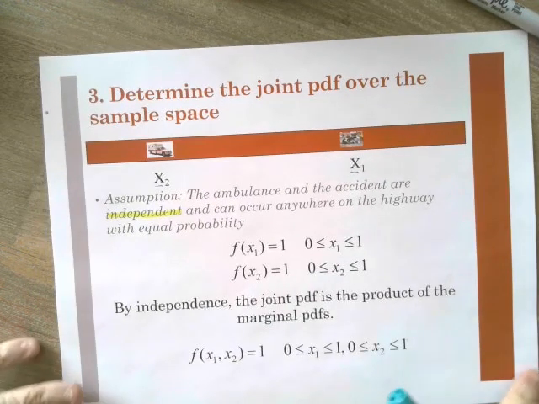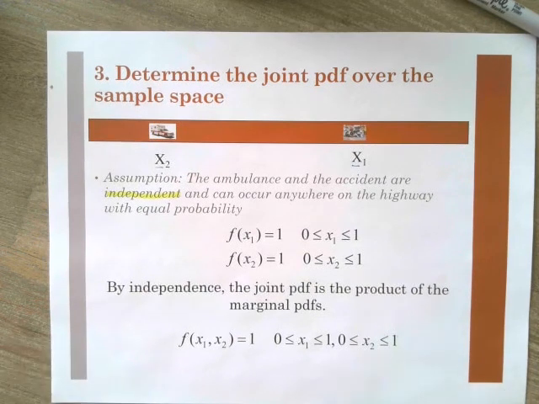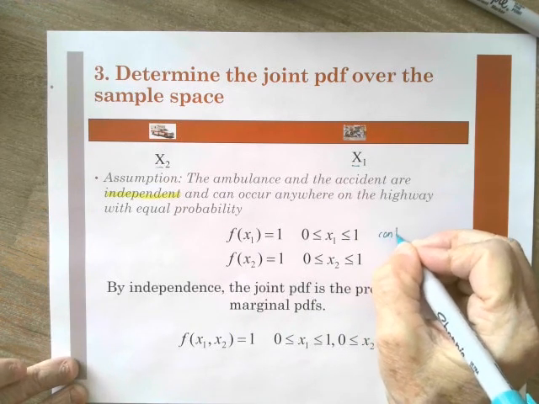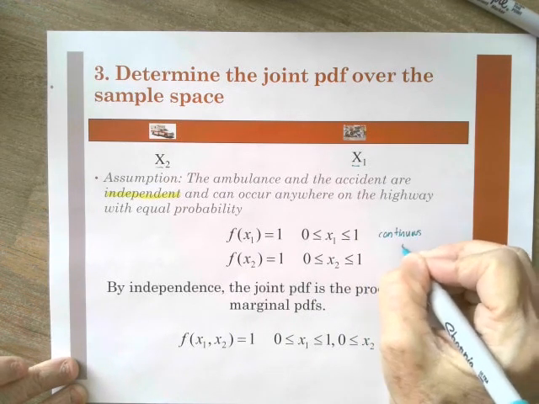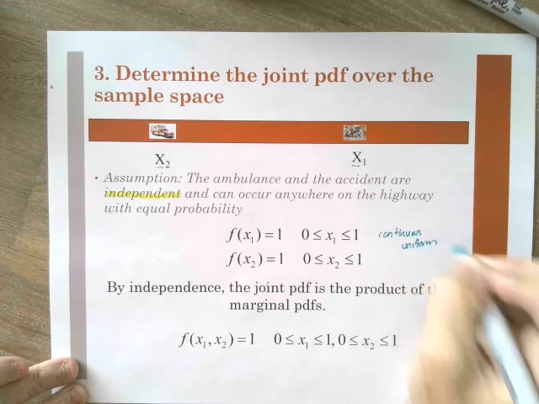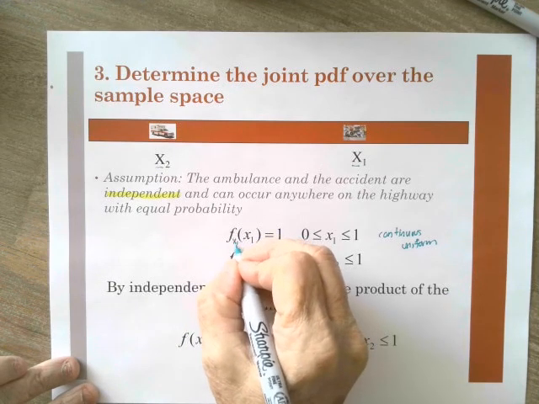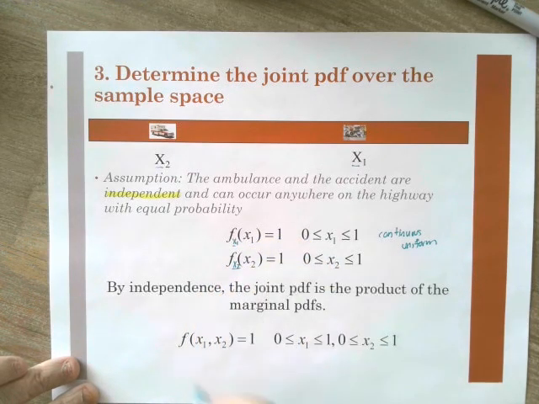So we know that for this particular problem from the previous slide, both of these are continuous uniform distributions. They are independent, and so these are the marginal distributions for x1 and x2. So the product of those marginals is going to be my joint probability density function. So another kind of simplistic application there.